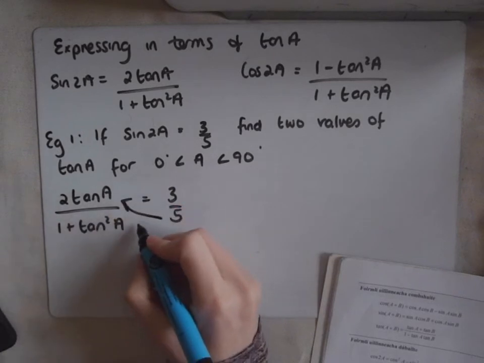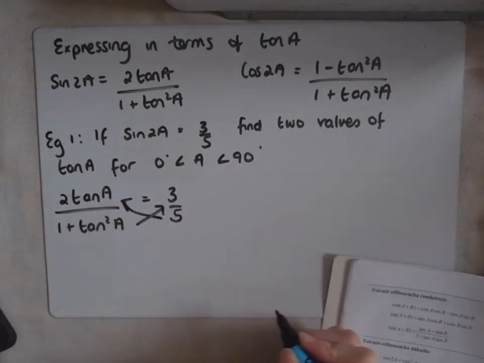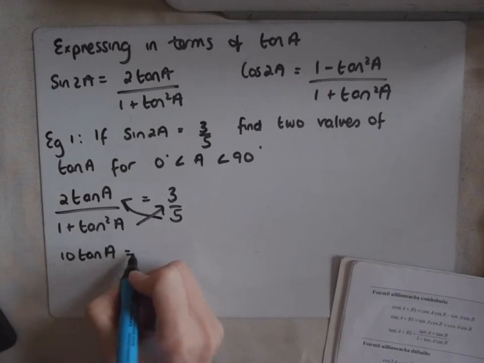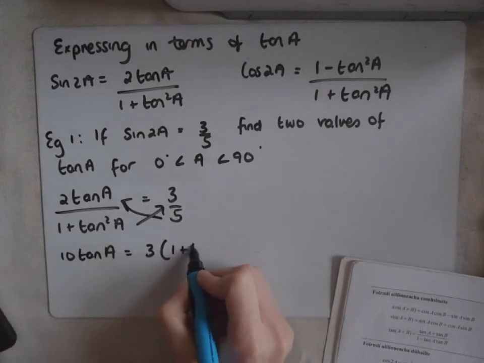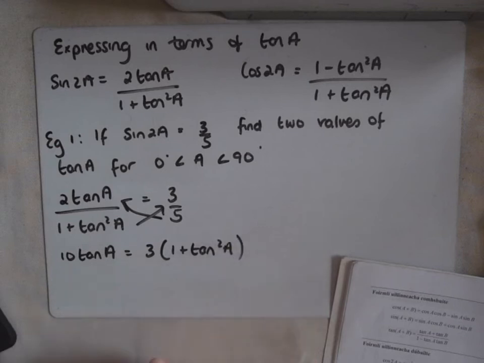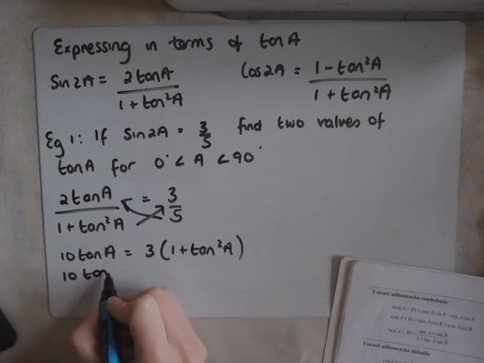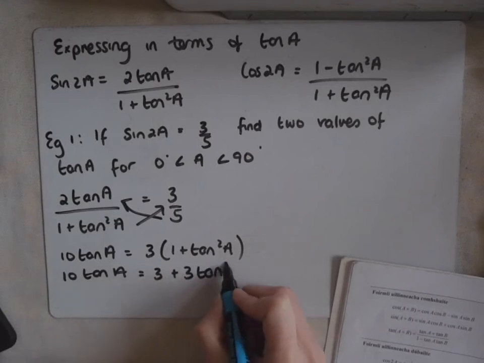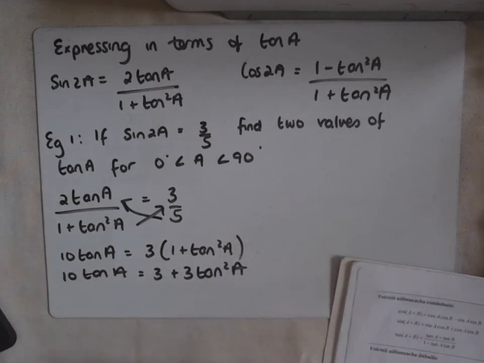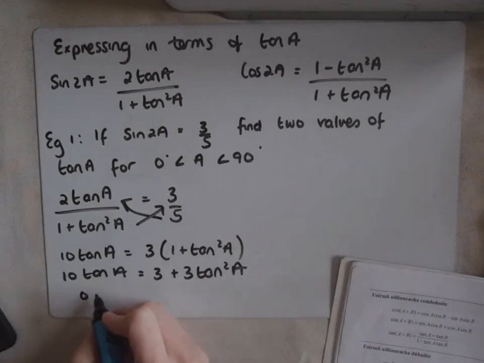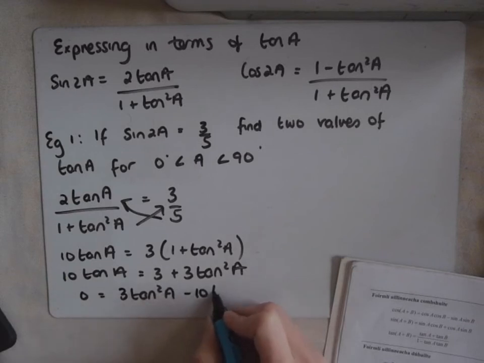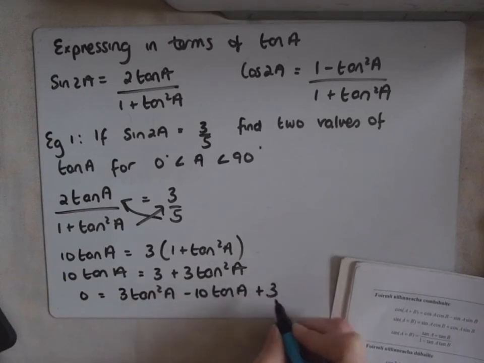Okay, all you're going to do now is cross multiply. So 10 tan a equals, just tidy up a little bit. What is that?